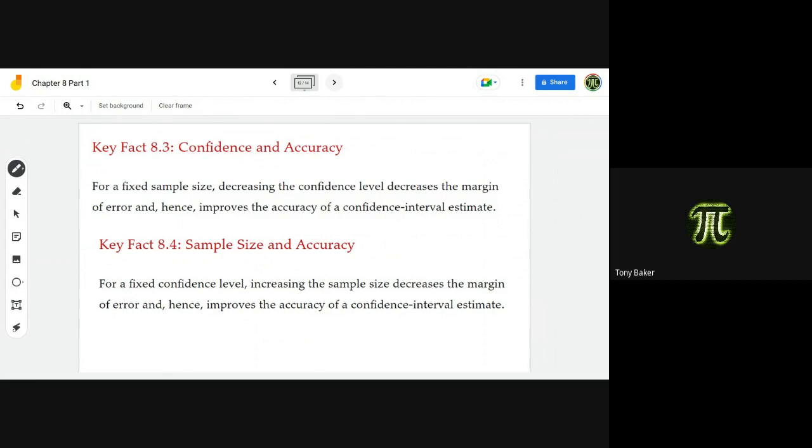If we need to keep a specific level of confidence, we want to stay at the 95% and I want to lower the margin of error, I need more people. If it doesn't make much of a difference, if I can go down on my confidence level a little bit and we're still going to be fine, go down with that and you can save yourself some work having to find more people.